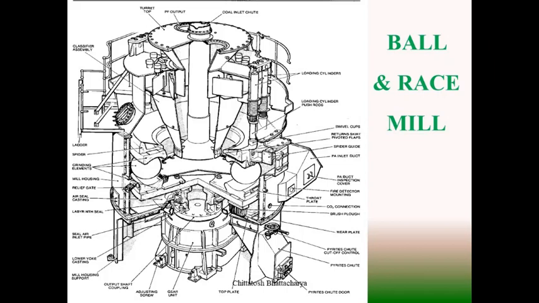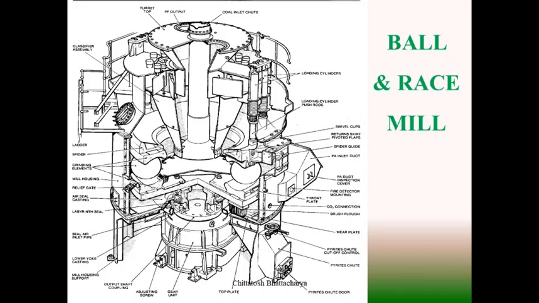As the coal falls through the central feed pipe, it falls on the yoke, and this yoke is rotating, so naturally coal tries to spread, and as a result it falls within the grinding arrangement.